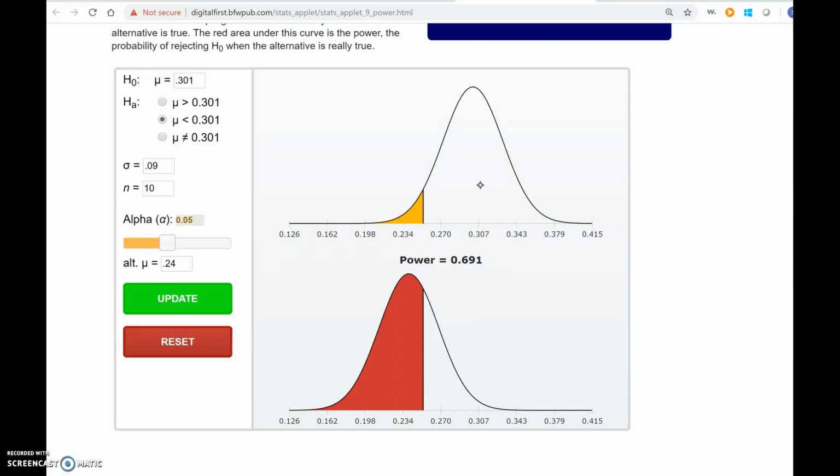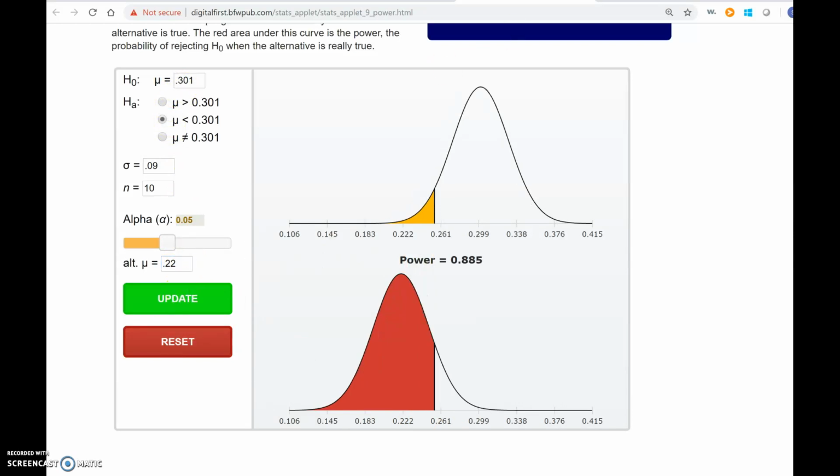And it's just the area to the left of that critical p-hat cutoff. Again, it sounds confusing, but it's really not too bad. But I do want to show you right now our power is 0.69. If I increase the effect size, so if I make the true value smaller, let's say 22%, notice this is 0.30, this is 0.22 now.